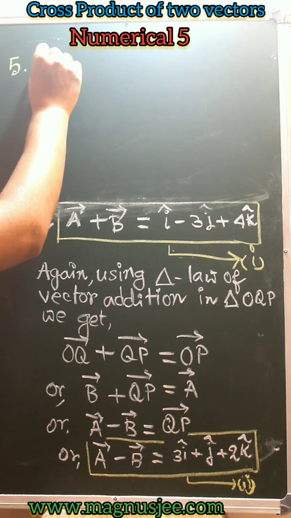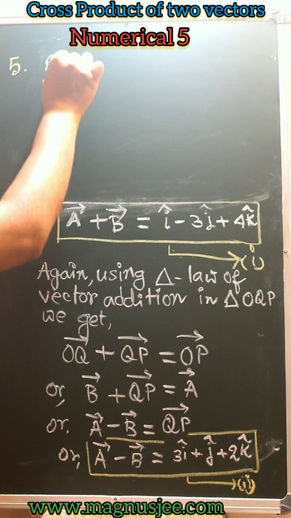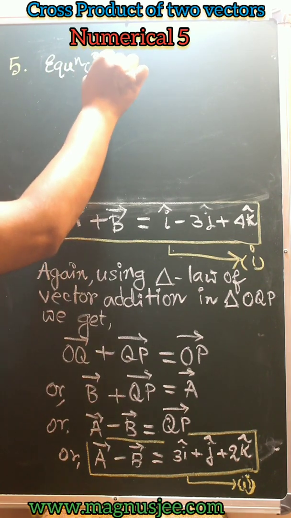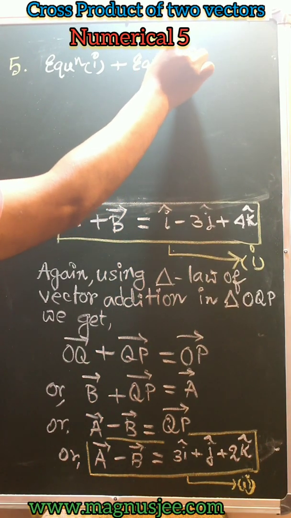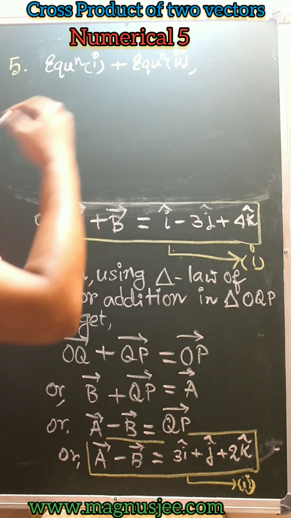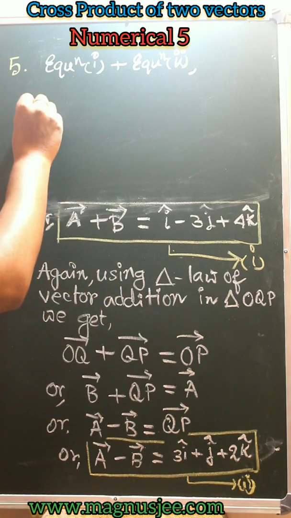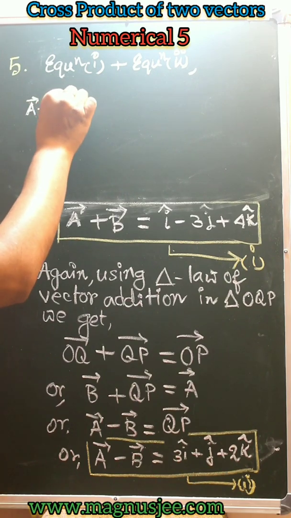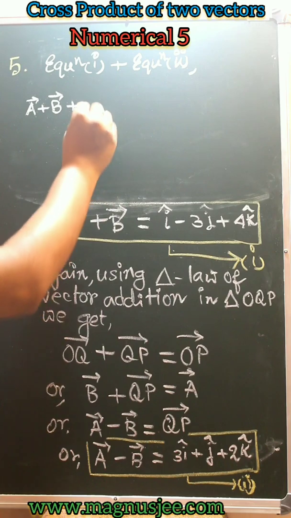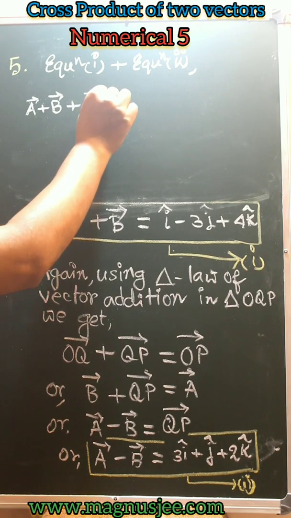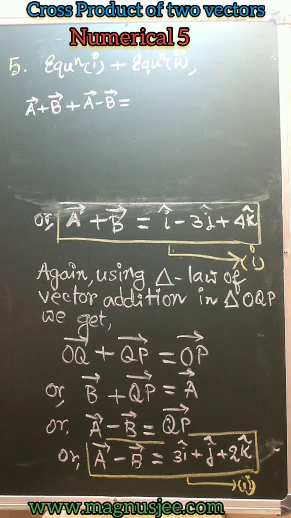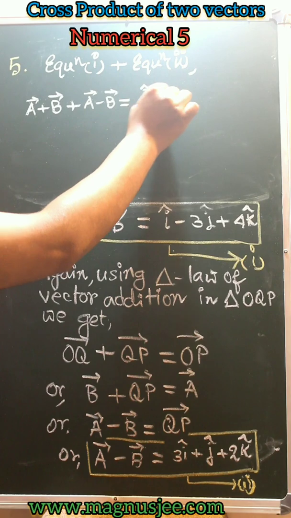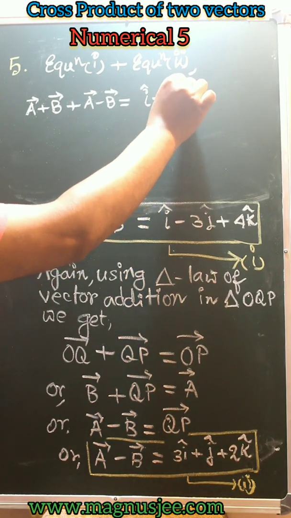Now adding equation 1 with equation 2, we get vector A plus vector B plus vector A minus vector B equal to i cap minus 3j cap plus 4k cap.